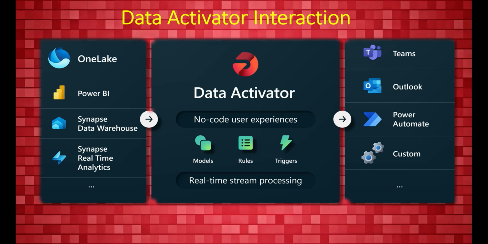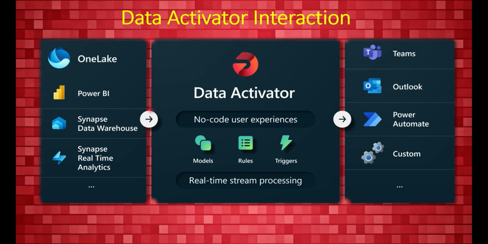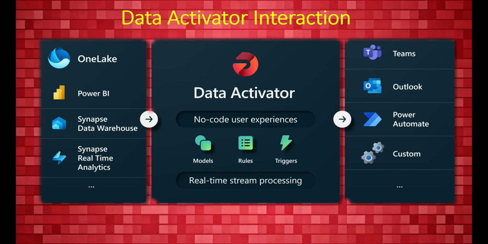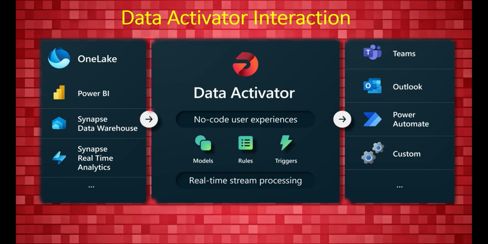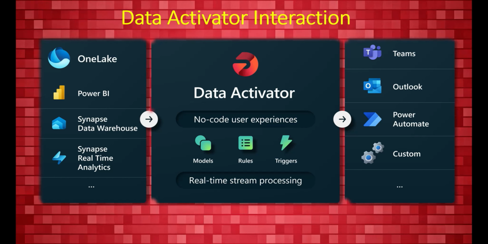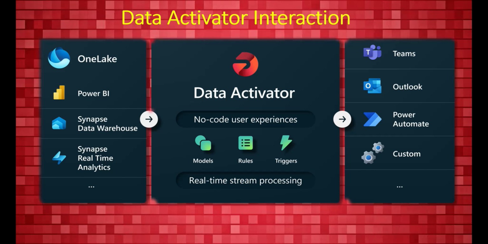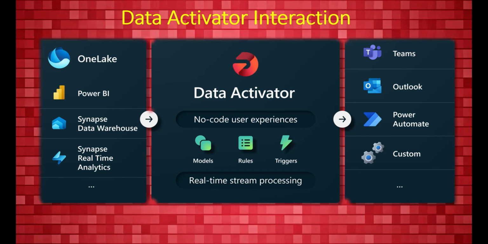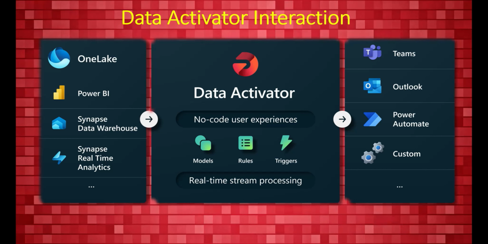It also acts on any type of data in Microsoft Fabric. It can include slow-moving data, such as in a data warehouse, or real-time streaming data coming from a source like IoT or Event Hub. For example, you can trigger a notification on an event, like if the customer footfall is high or more invoices are getting generated.